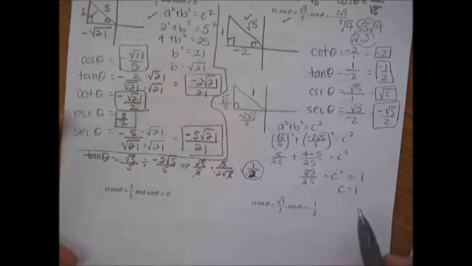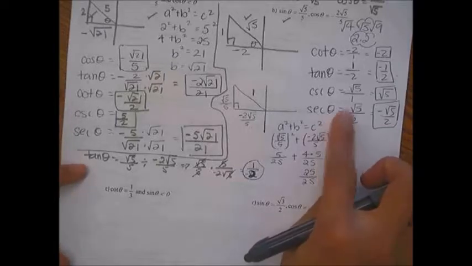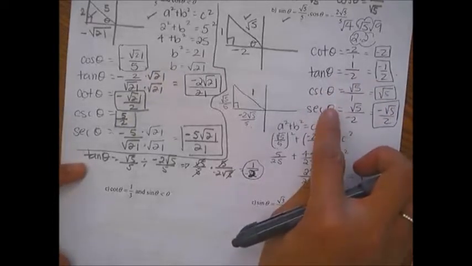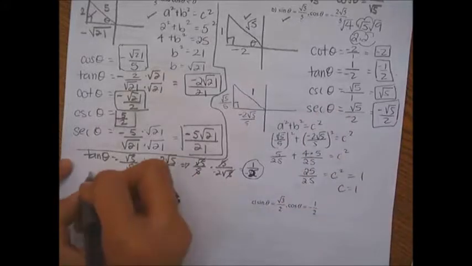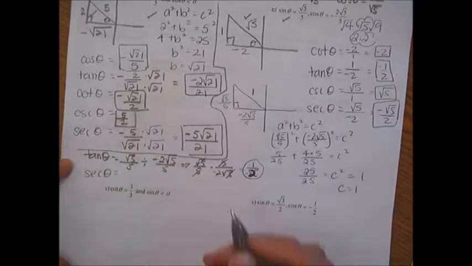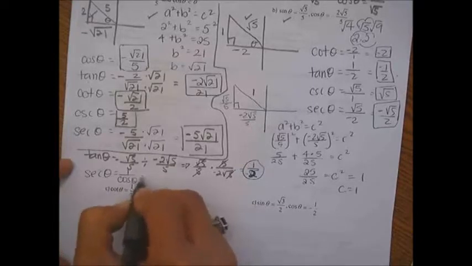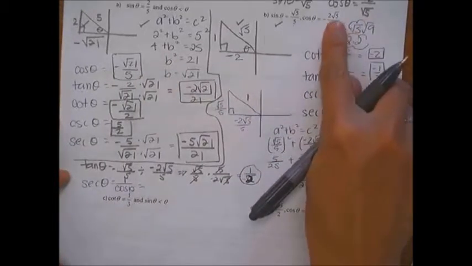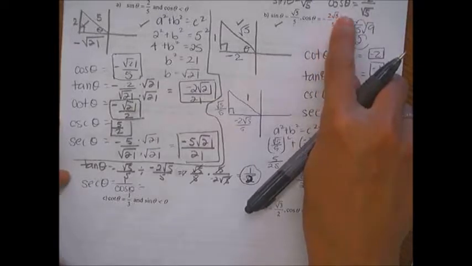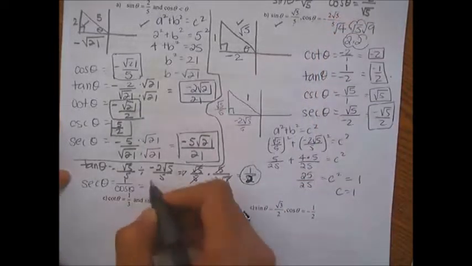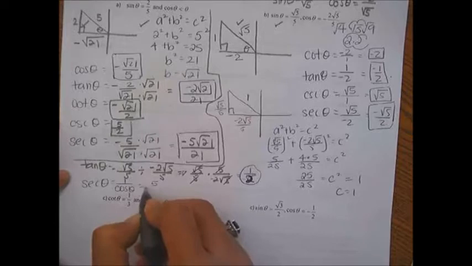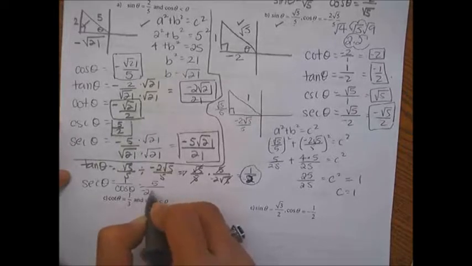Let's prove another one. Let's do secant. I'm not going to find all 4 values again because the answers are going to be identical. But what if I want to find secant of theta? Secant of theta is going to be the reciprocal of cosine of theta. I know cosine is negative 2 rad 5 over 5. If I flip it, it would be 5 over negative 2 rad 5.